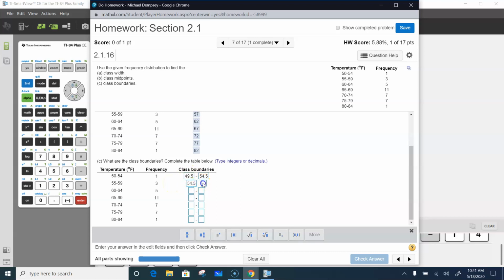That's the bottom end of that, up to 59.5. Okay, so these are my boundaries if I had little tick marks to show what numbers actually live in this interval, 55 to 59. And again, all I'm going to do is just add 5 to these. We just keep adding the class width, and we can move right through this.